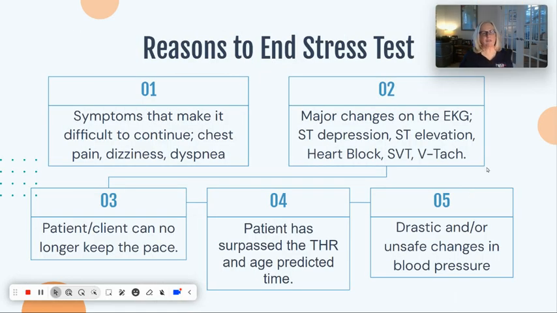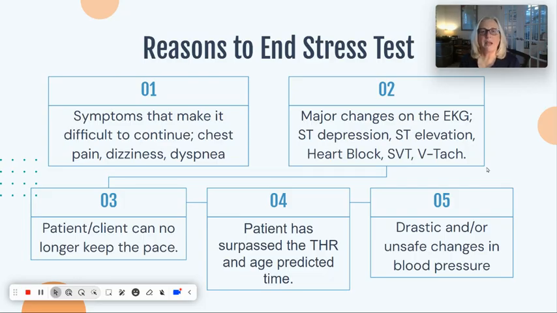Okay, so reasons to end the stress test. How do we know we're done, that we've got the information we need, and it was a good stress test? So number one, if the patient or client is having symptoms that make it too difficult to continue, like heavy chest pain, dizziness, or being so short of breath they can't continue, we stop the treadmill.